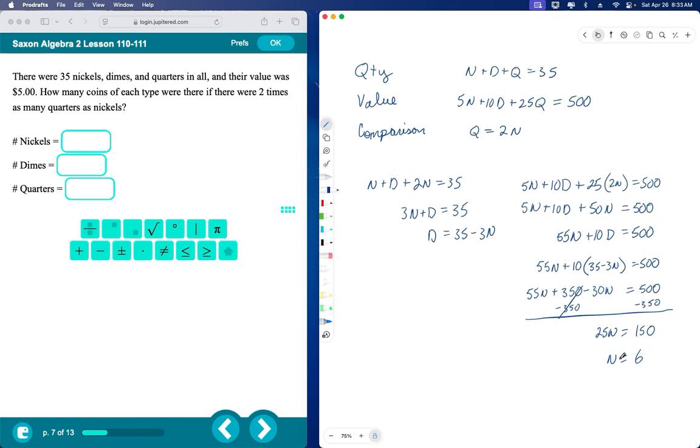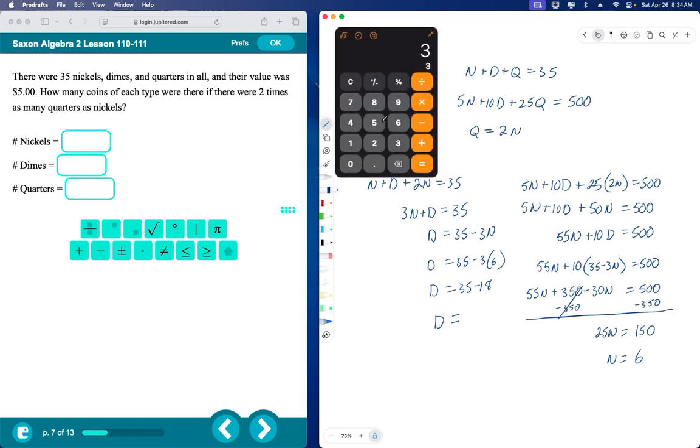So now that I know that N is 6, I can come back in and I can substitute here, actually. D is equal to 35 minus 3 times 6. So D is equal to 35 minus 18. D is equal to, I'm going to use my calculator because my brain is not working, 17.